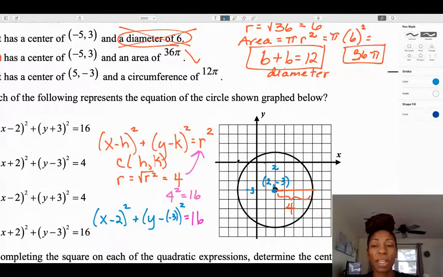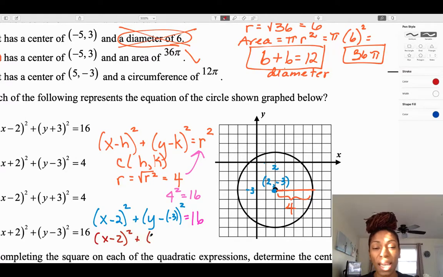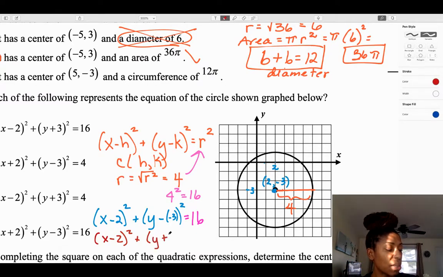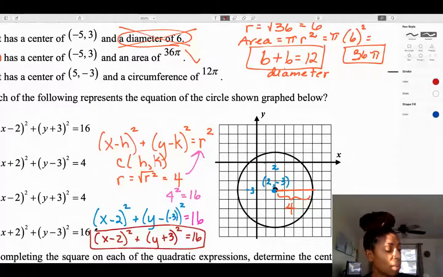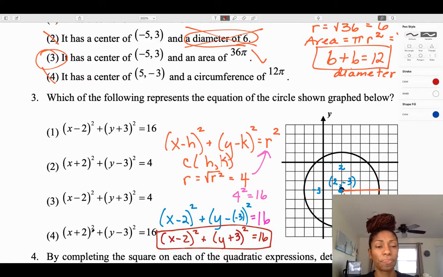Well, that can be rewritten as (x - 2) squared plus, so instead of writing y minus negative 3, we can just write y plus 3, squared equals 16. And now let's check the choices. Is it choice 1, I think? Yep, I think it's choice 1.